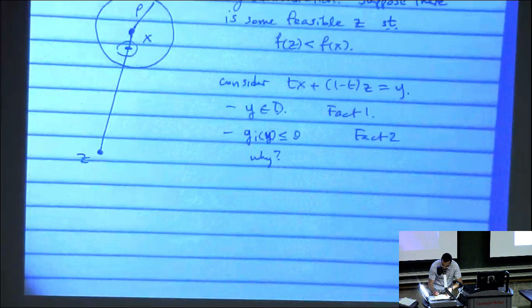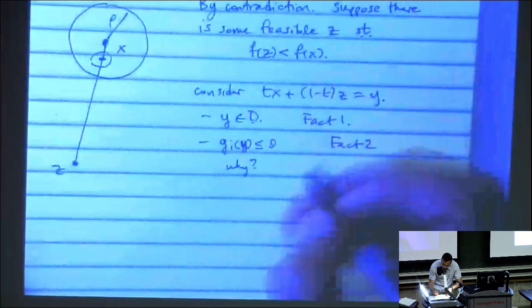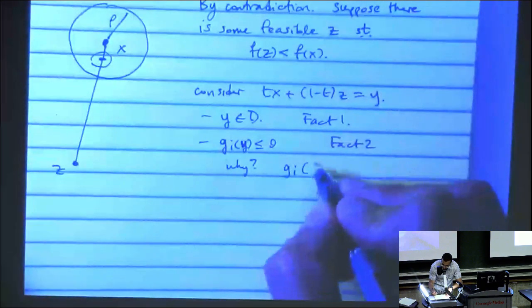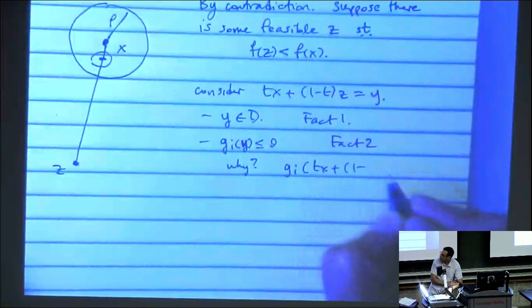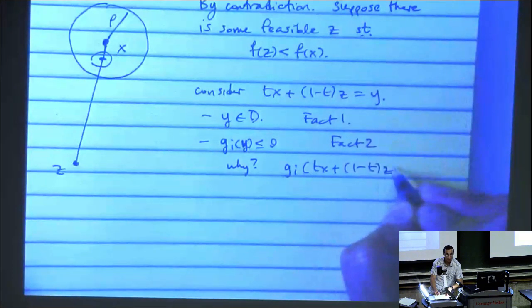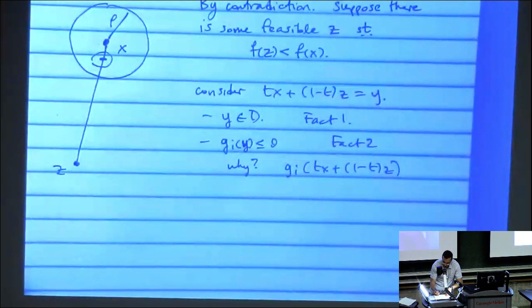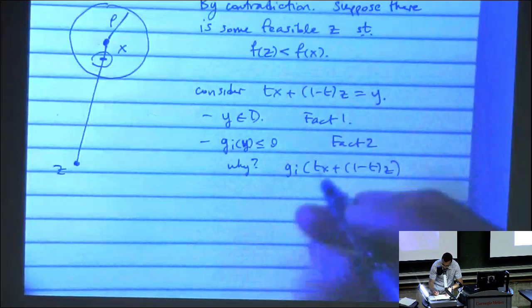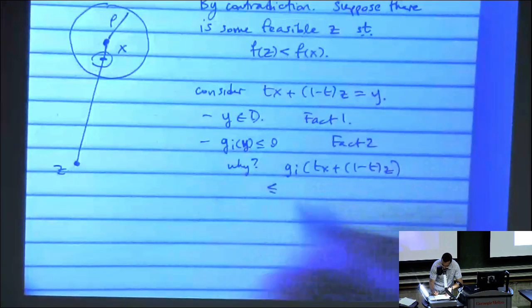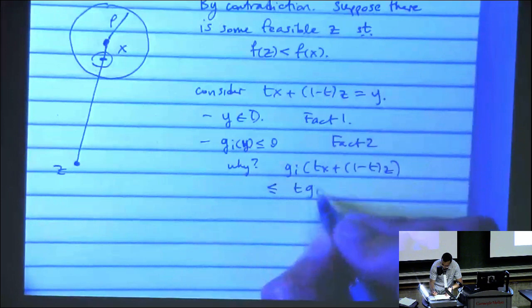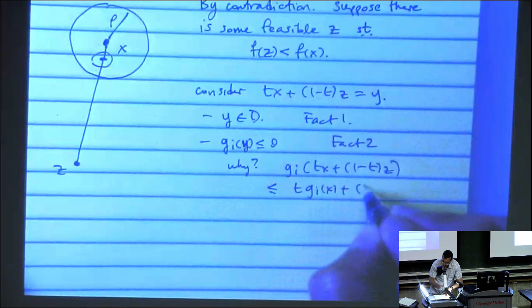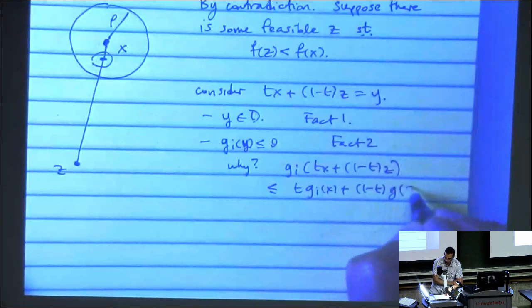That's true because if I take g_i of tx plus (1 minus t)z, because g is convex, this g_i is convex, that's less than or equal to t times g_i of x plus (1 minus t) g_i of z. Definition of a convex function.